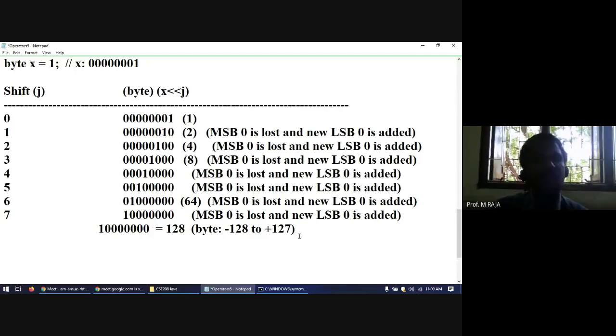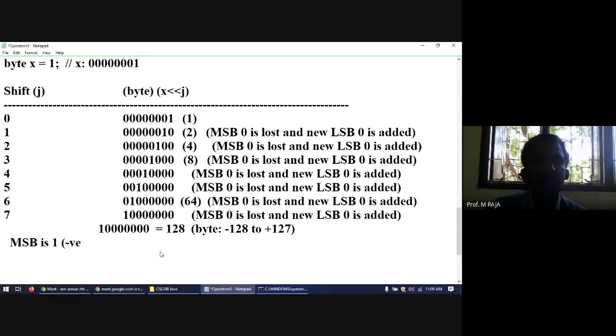In this case, Java uses 2's complement encoding to represent negative numbers. Now, in 1 followed by 7 zeros, the MSB, the most significant bit, is 1. This is the indication that the number is a negative quantity.